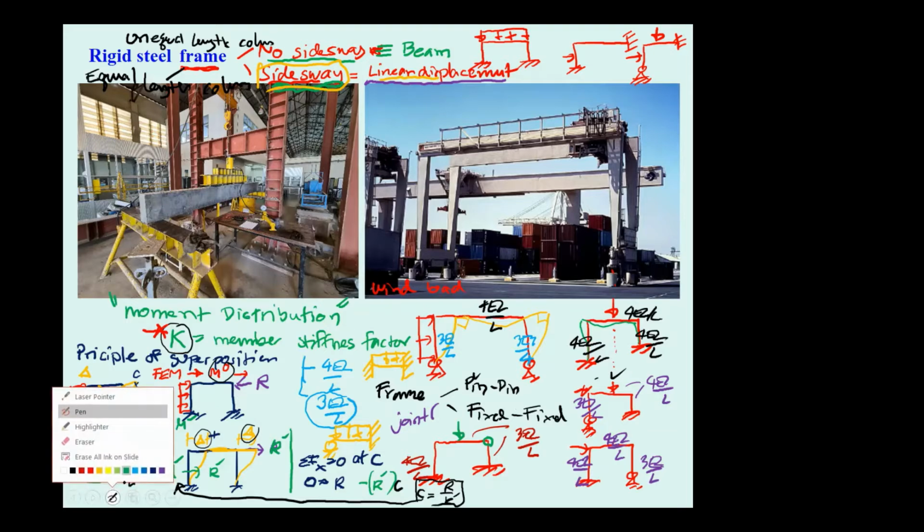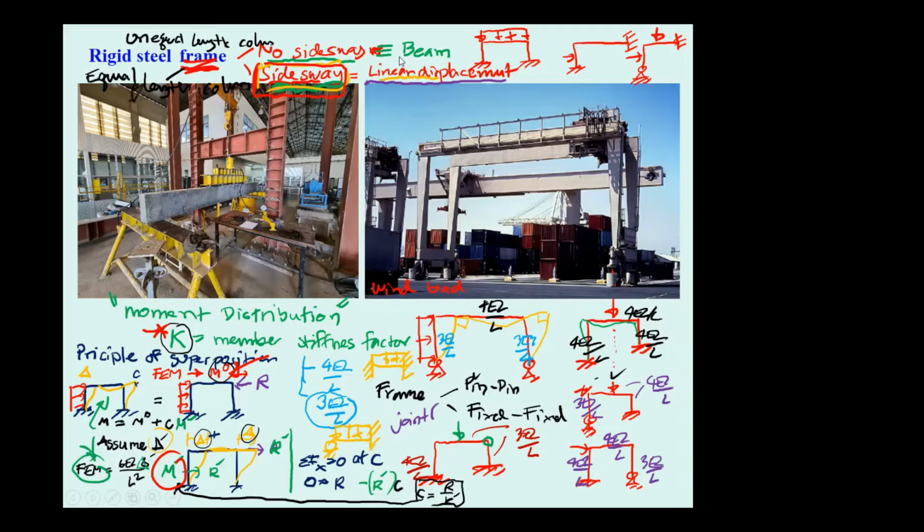One is required for you to determine M super naught. Another one requires you to determine M prime. Okay, so the problem of the frame with sidesway will require more effort to solve compared to the frame with no sidesway, which is similar to the beam.